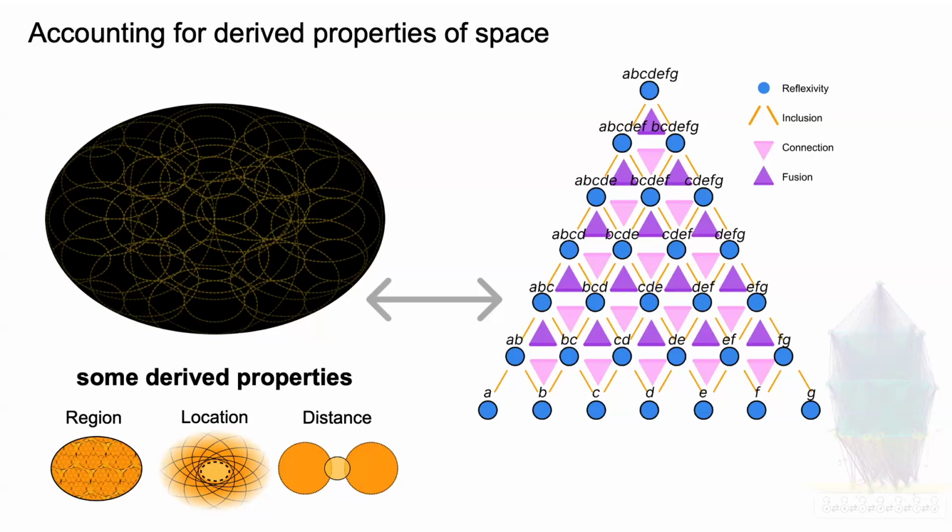By virtue of looking at the relations or patterns of relations between distinctions, we should be able to describe all the other properties of space, such that every spot has a region, has a location in the space, and there are distances, relations between all the spots. This is a little like your point that distance is not a distinction. Distance is a relation between distinctions, and that is qualitative. You feel that two things are at a specific distance without having to compute the distance, so to speak. You just look at the distance, right?